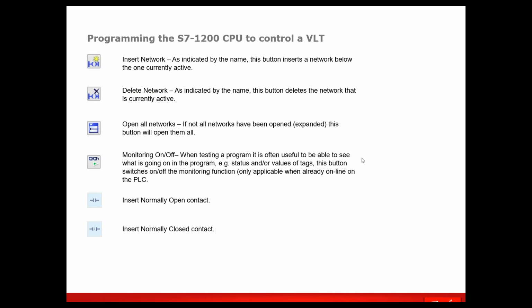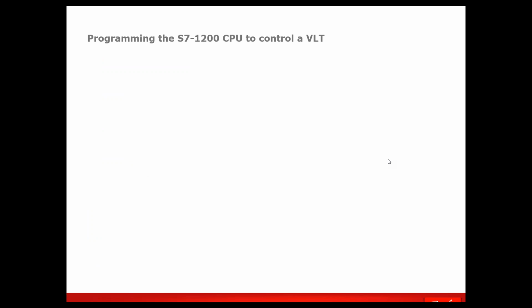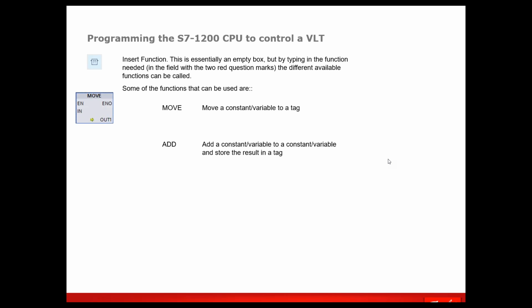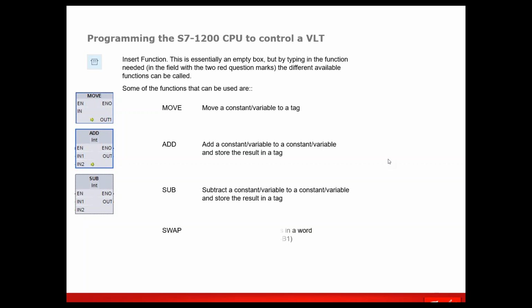They're just telling you the different types of buttons up at the top and what they are. Move data, add data, subtract, swap, the byte swap, time delay on.